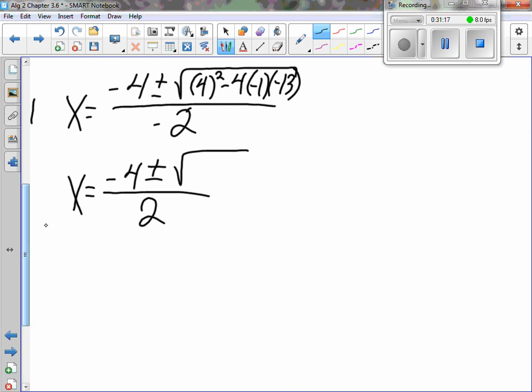All right, let's simplify what's inside the square root first. So 4 squared minus 4 times negative 1 times negative 13. Negative 36.